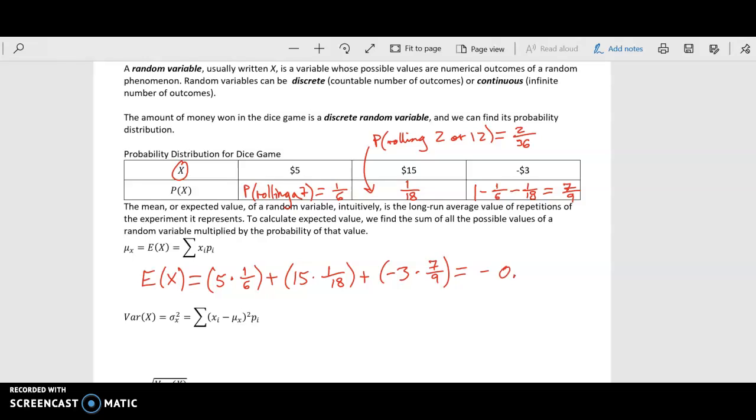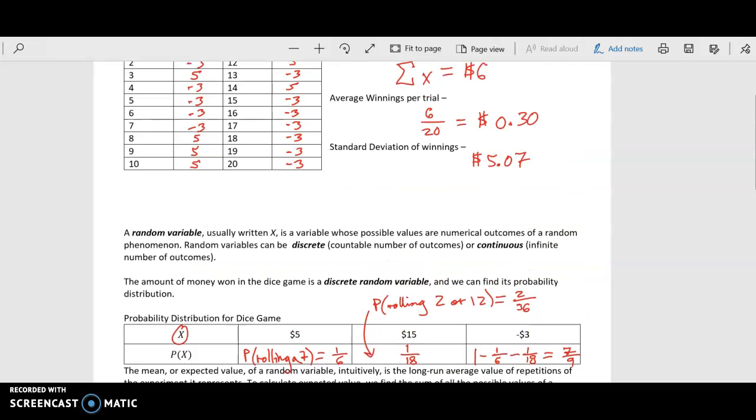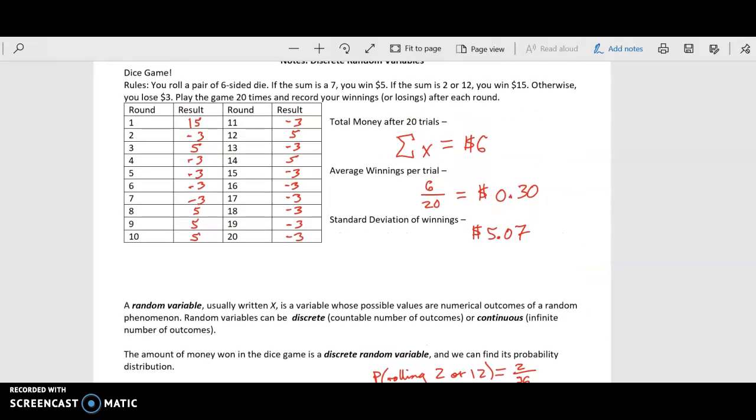So we should expect to lose 66 cents, or 67 cents if you round to the nearest cent, or negative 2/3 of a dollar every time we play. So this table of data I made up is probably a little generous, right?